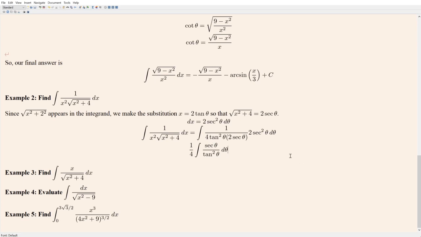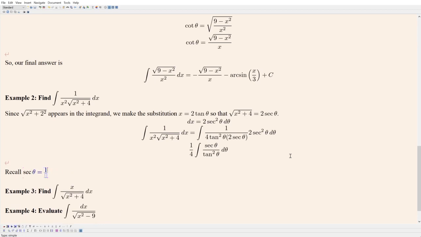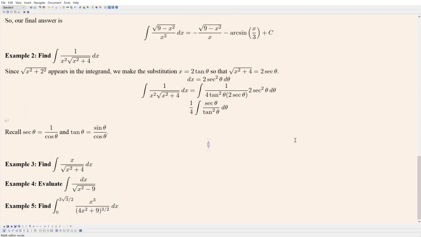So let's just convert that and see if that makes things any clearer.